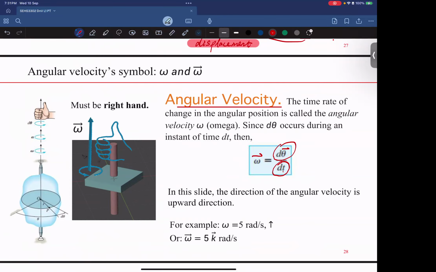It's so small that it can be considered that in such a time interval, it moves at a constant speed. If not small enough, we can make it smaller and smaller until it achieves that condition. So there's no lower limit. We just make it small enough. Okay, it's dt.